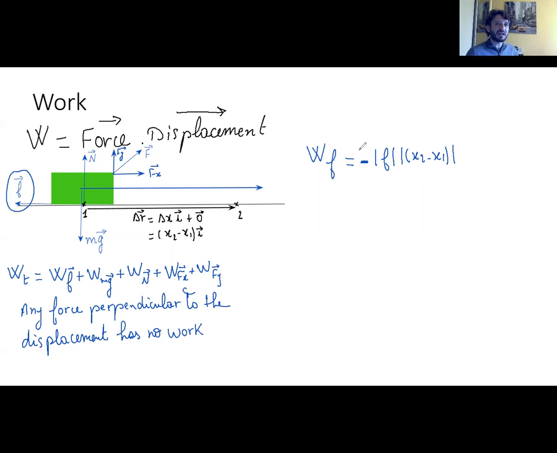Minus and plus: if F is applied in the same direction as the displacement, you put plus. If F is opposite, you put minus. So it equals minus F, where F equals mu times n, mu kinetic times n, and x2 minus x1, you can calculate its value easily.